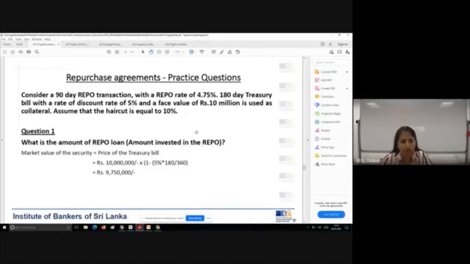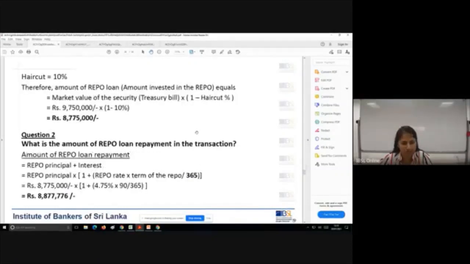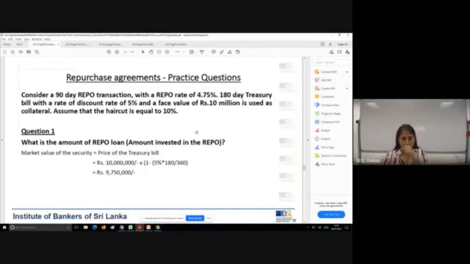Now, for you to know the repo amount first, what are you going to do? They have given you the details of the collateral. The details of the collateral are the highlighted line.